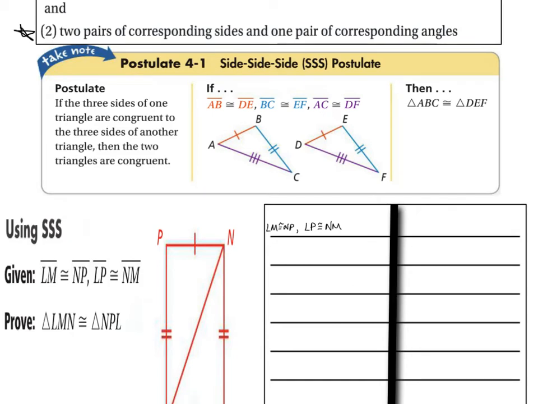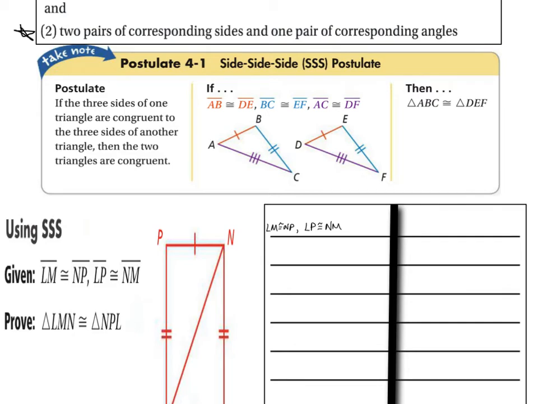Okay? So now, instead of only having the definition of congruent figures to prove a triangle is congruent, you have the definition of congruent figures and you have the side, side, side postulate. So you don't have to have absolutely everything to prove two triangles congruent.